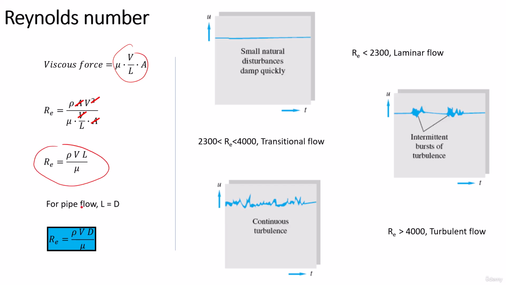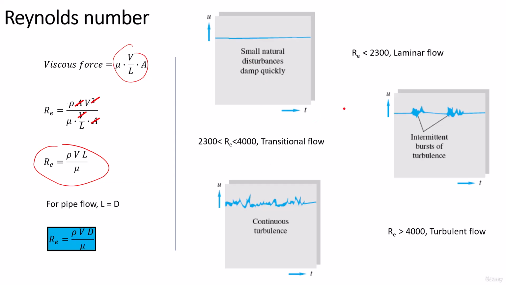And for pipe flow, the important characteristic length is the diameter, so the Reynolds number would be rho v d upon mu. In case of laminar flow, the Reynolds number is less than 2300 for internal flows, and small disturbances are damped out quickly.